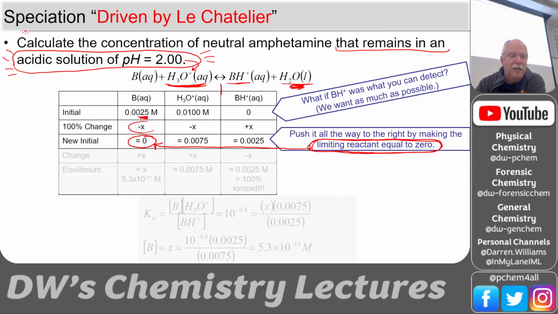When we set that equal to 0, we're able to calculate X. And once you calculate X, you get X for the whole table. There's only one X, right? We calculate that X, and we know it's 0.0025 because 0.0025 minus something equals 0. You took all of it away. And so now we bring it over here, and there's 0.0025 over here, the BH+, we've got the 0 plus X is 0.0025.